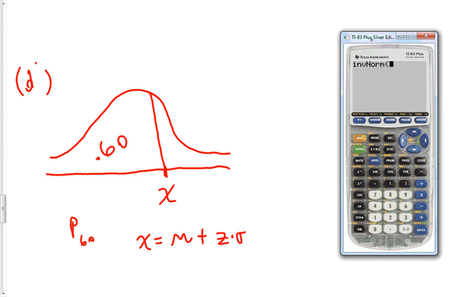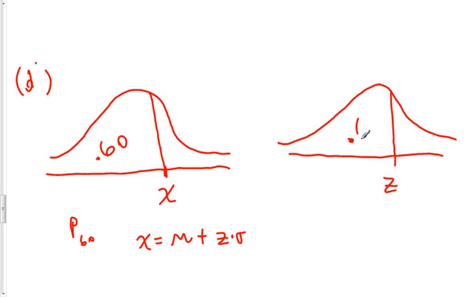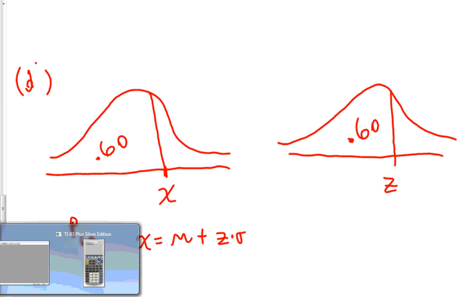That picture is going to look something like this. We're going to be looking for this z-score right here that has 60% on its left. That's what we're actually looking for. So once we find that z-score, we're going to convert it to an actual height using that formula.